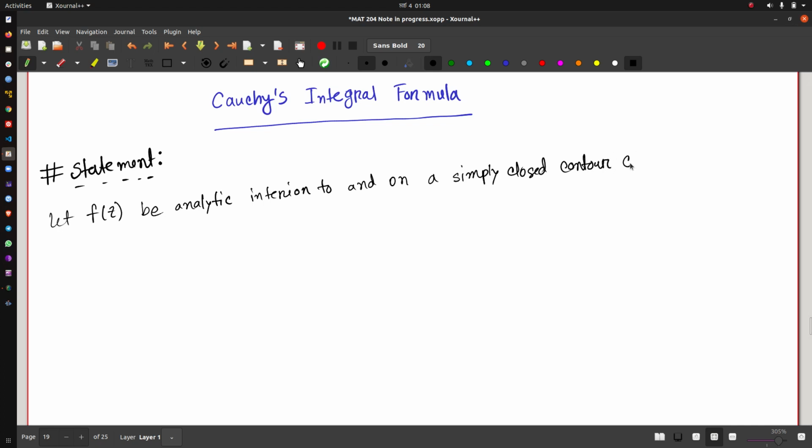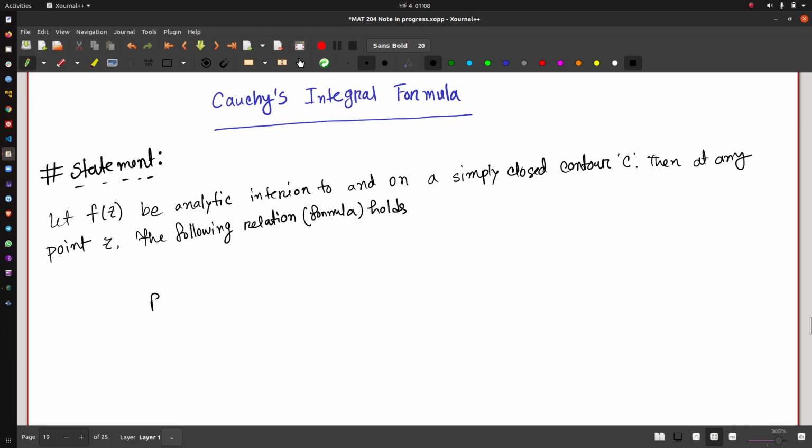Let's call that contour C. If this is the case, then at any point z that is inside that contour, the following relation, which can also be translated as a formula, holds.